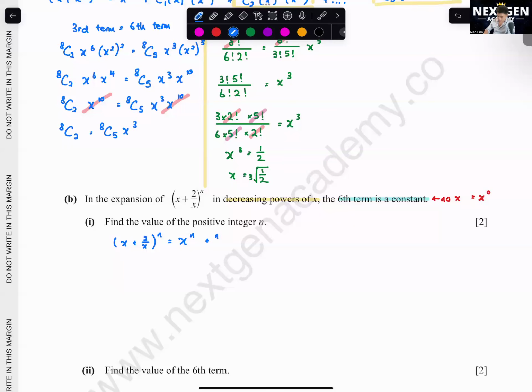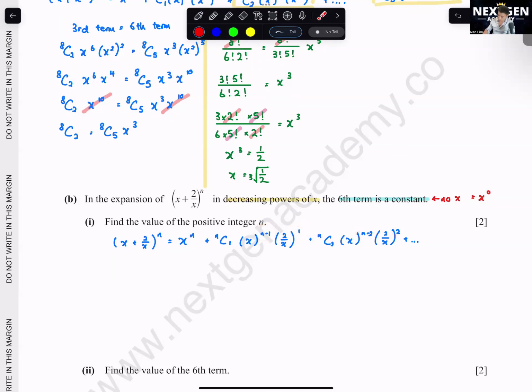Then nC1 x^(n-1) times 2 over x to the power of 1. Then nC2 x^(n-2) times 2 over x to the power of 2. So this is the format. Here will be n minus 1, here will be 1. Here n minus 2, here will be 2.